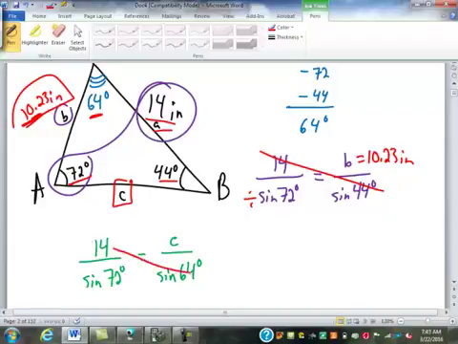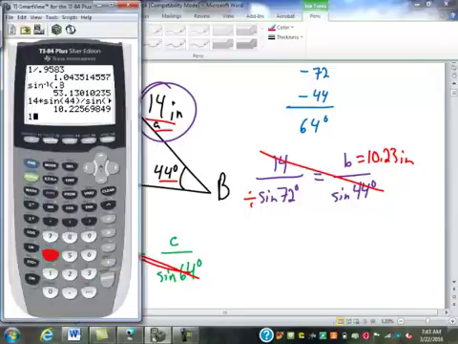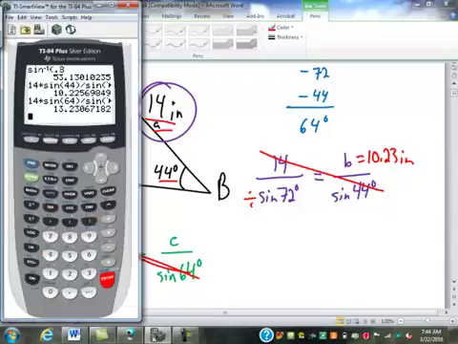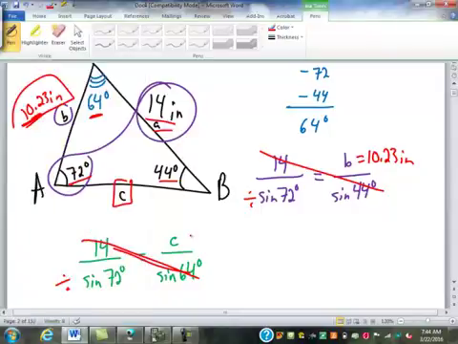We're going to cross multiply and divide. 14 times sine of 64 divided by sine of 72. And we get 13.23.